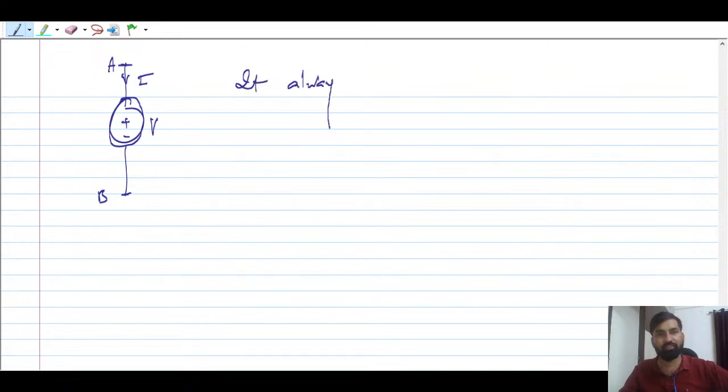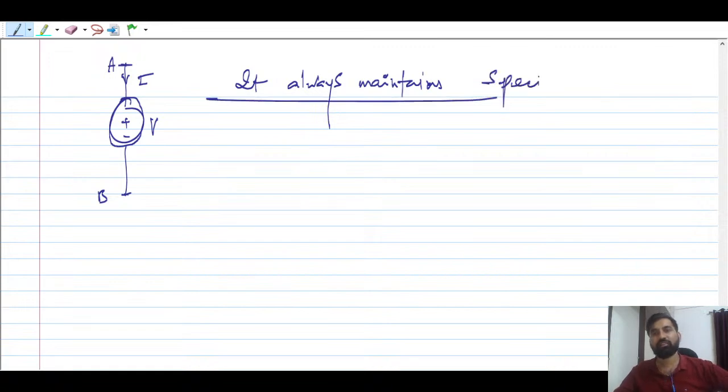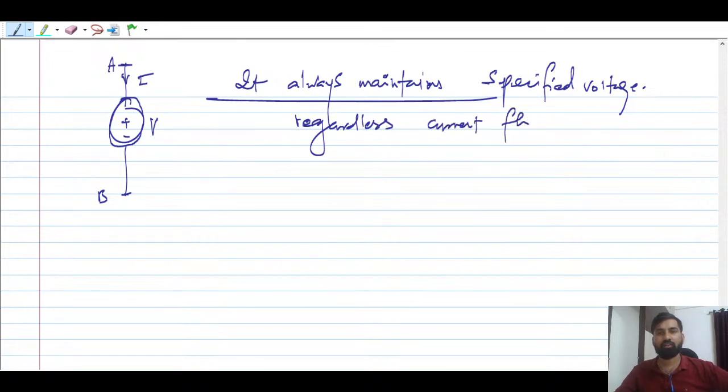It always maintains the specified voltage, right? Regardless of what? Regardless of the current flowing through this. Okay, remember.